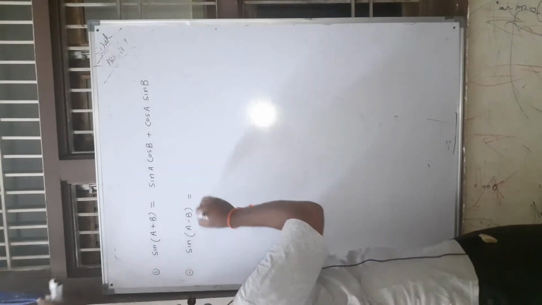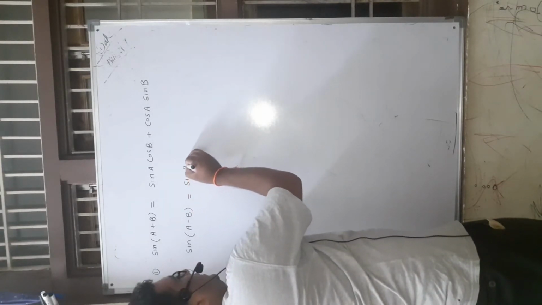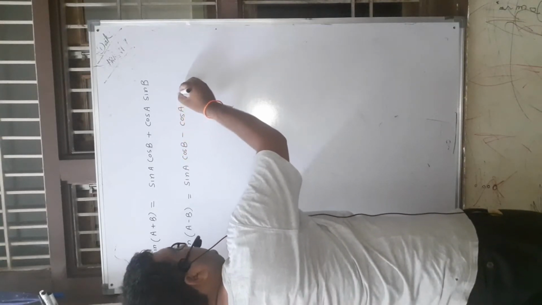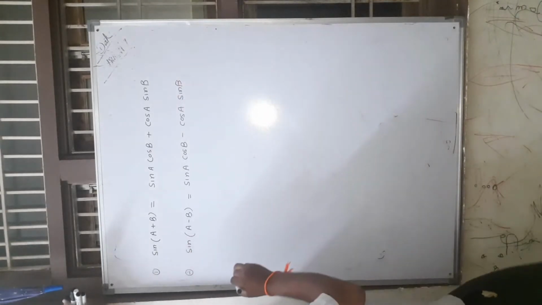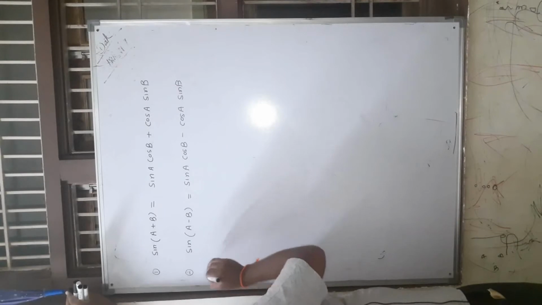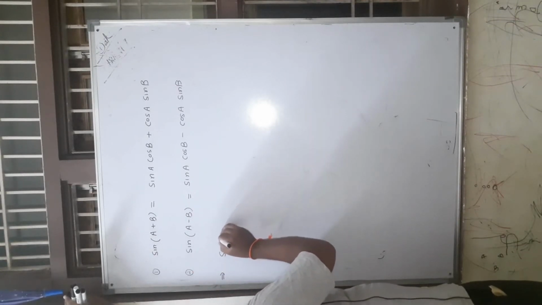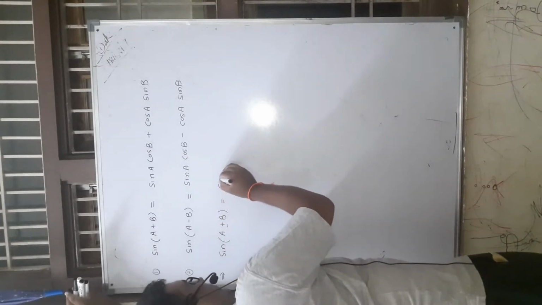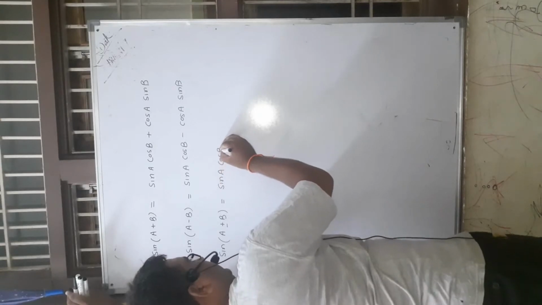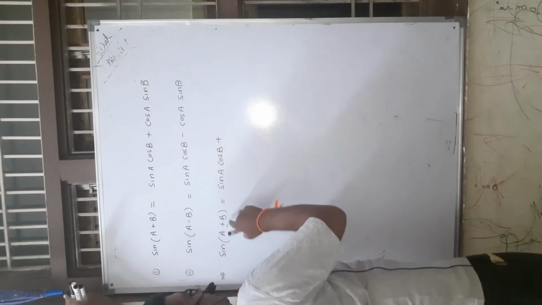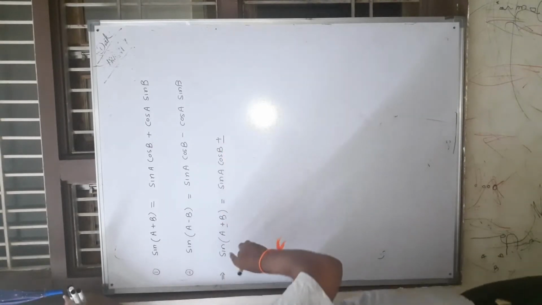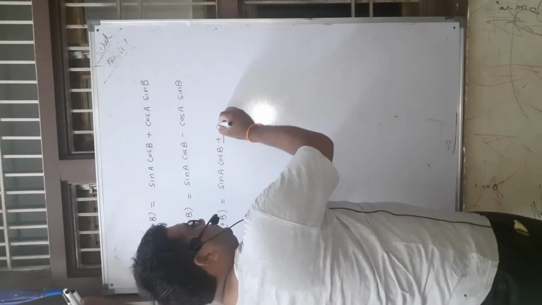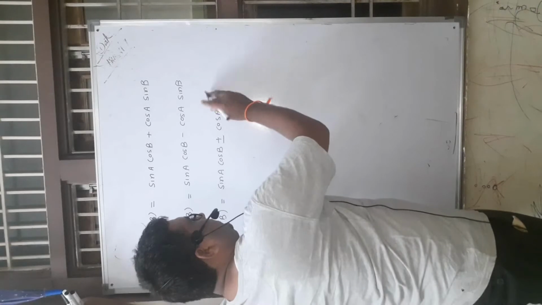Sin(A minus B) is equal to sin A cos B minus cos A sin B. For remembering these two formulas, combined they are written as sin(A plus-minus B) equals sin A cos B plus-minus cos A sin B. If we take the plus sign, then we use plus; if we take the minus sign, then we use minus.